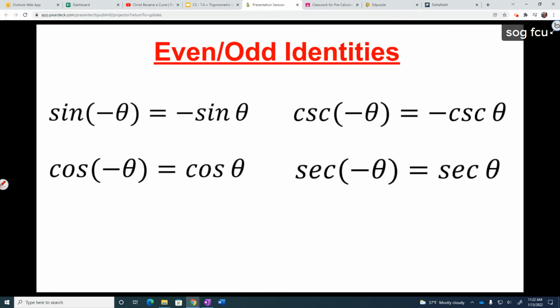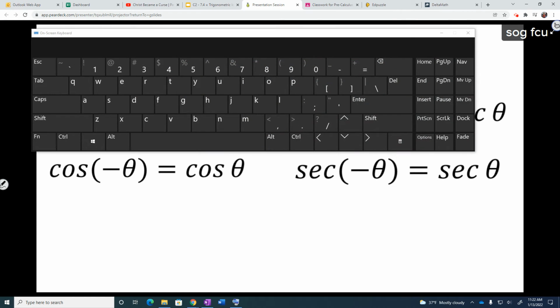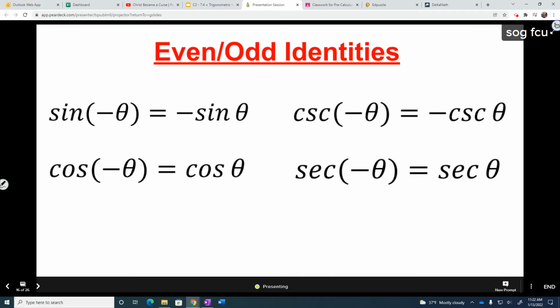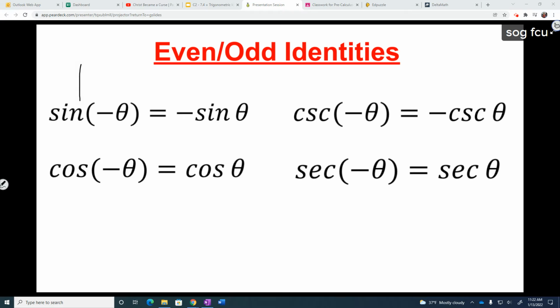You don't have to understand why they are the way they are, but I'll give you just a little explanation. Maybe this will make sense. If not, don't worry about it. But if you think back to sine, the graph of sine looks like this. It goes this way. So sine is an odd function. If you notice, on both sides of the axis, they're kind of going opposites.